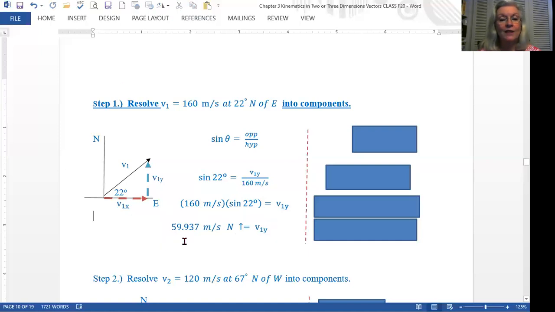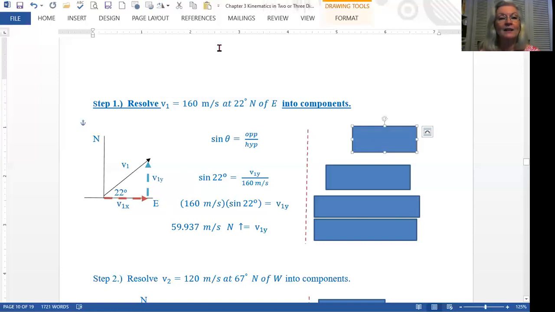And you should get 59.937. And then we know it's meters per second because that's what all the v's were given in. How do we know it points north and goes up? Because of the picture. And because we were given north as one of the directions. So we know we have a vector going north and a vector going east, and they add up together to give us this.